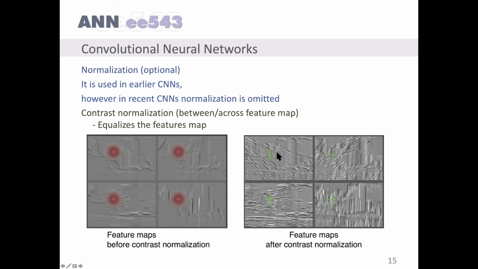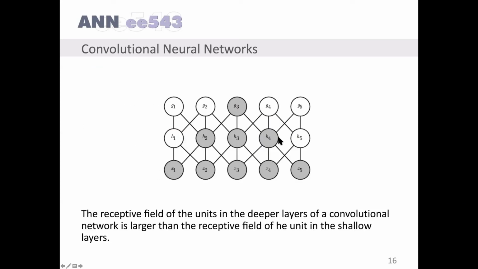Consider the layers in the convolutional neural network. The receptive field of the units in the deeper layers of the convolutional network is larger than the receptive field of the units in the shallow layer. For example, if you consider convolution with filters of size 3, then this unit in the convolution layer will see a receptive field having only 3 elements.